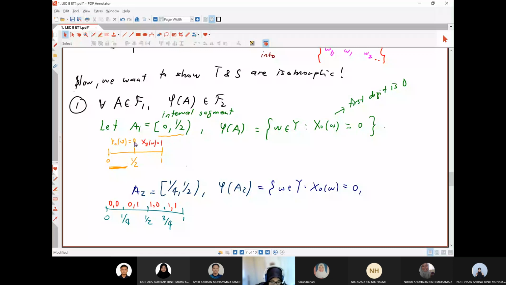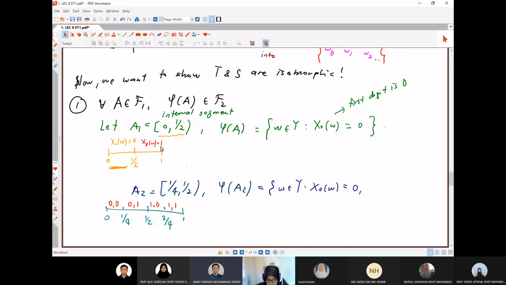Dia tak ada second digit sebab dia divide by 2 saja, sekali je. Sebab the first digit can be 0 or the first digit can be 1. So the first digit is either 0, is from 0 dengan half. Kalau dia punya segment is between half dengan 1, the first digit is 1. Is that okay?